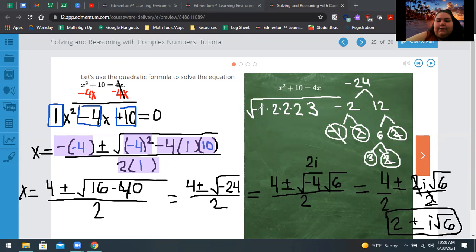So this negative 1 becomes the i on the outside. I have a pair of 2's right here, so I'm going to take out a 2. Then I don't have any more pairs. I don't have another 2 or another 3 to get out a pair. So then this is 2. Keep in mind, they're all being multiplied. 2 times 3. This is 2i square root. 2 times 3 is 6.